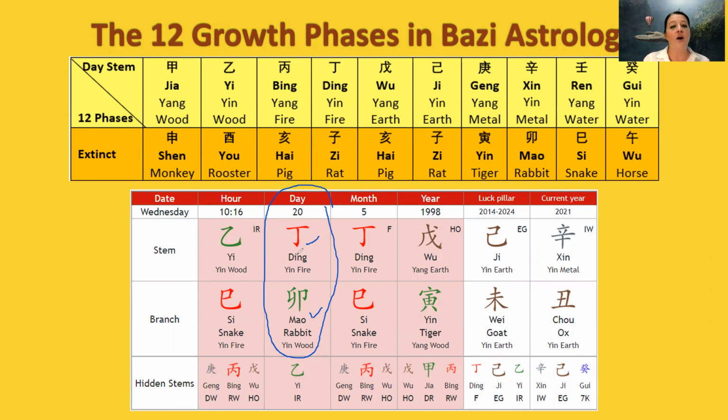But the ones we are really interested in are the wood monkey, the wood rooster, the metal tiger, and the metal rabbit. If you have one of those four, then there is an additional layer of interpretation. So I repeat, we are looking out for the wood monkey, the wood rooster, the metal tiger, and the metal rabbit.